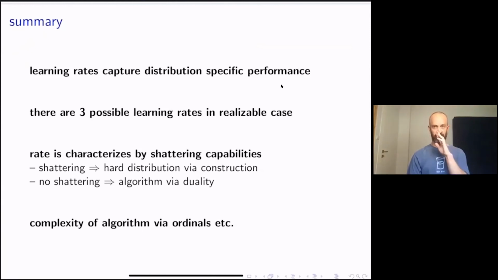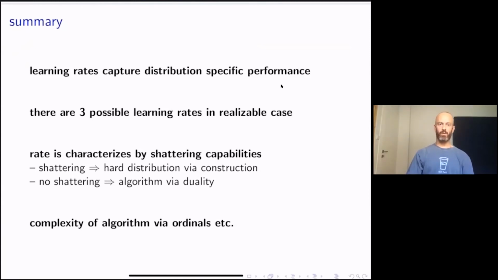In the specific way we defined rate, we could prove that there are exactly three possible rates: either very, very fast exponential, or 1 over n, which goes to 0 but not very quickly, or something you can never bound. It goes to 0 as slowly as you wish.